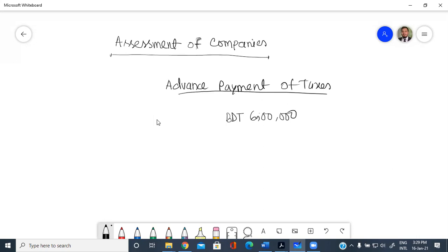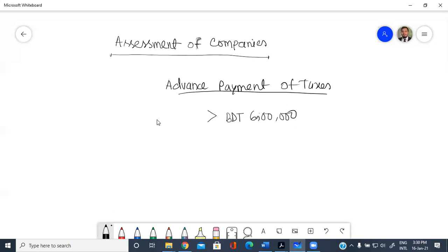Now, the question is when you will pay the advance taxes. If your assessed income exceeds this in the last assessment year, in that case, you are supposed to pay the advance taxes from the current income year, and the dates are similar. Can you recall the advance payment tax date for individual SSC?